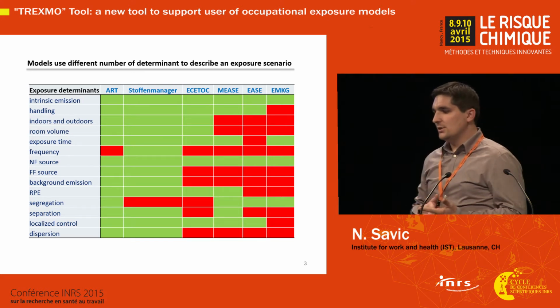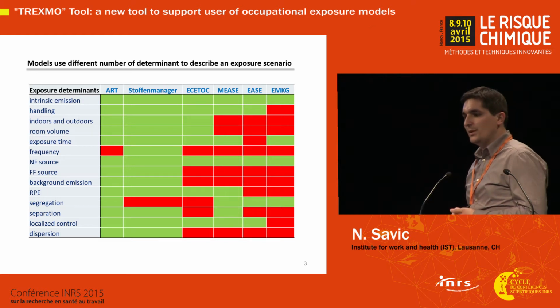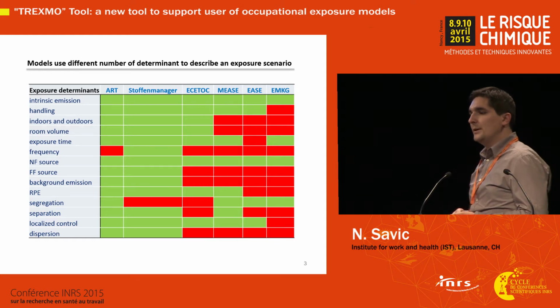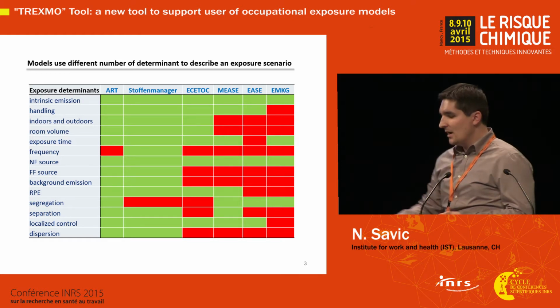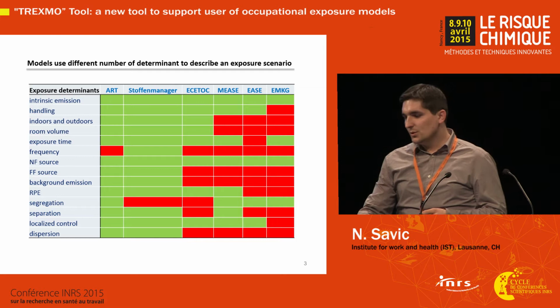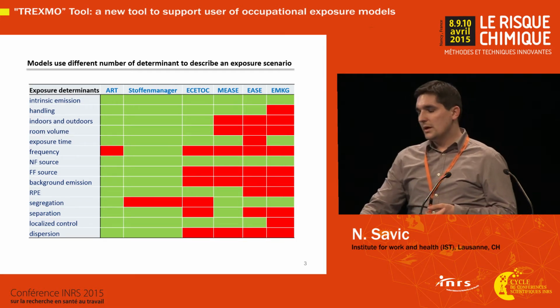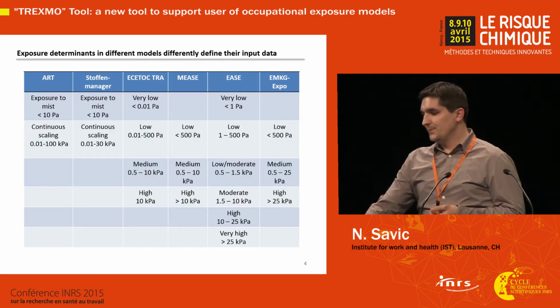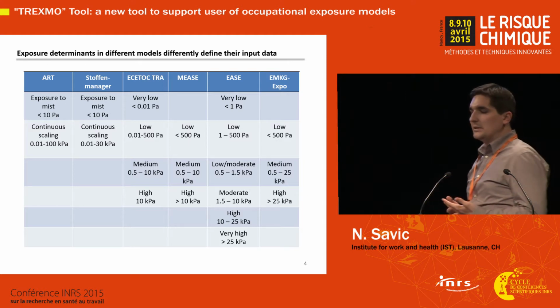When using these 4 models, users should be more careful in selecting the appropriate exposure determinant for the considered exposure scenario. These models, in my opinion, can be more prone to wrong decisions made by the user. But that was the basic difference between these models.